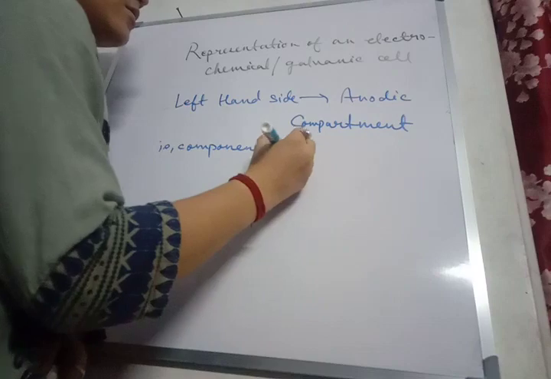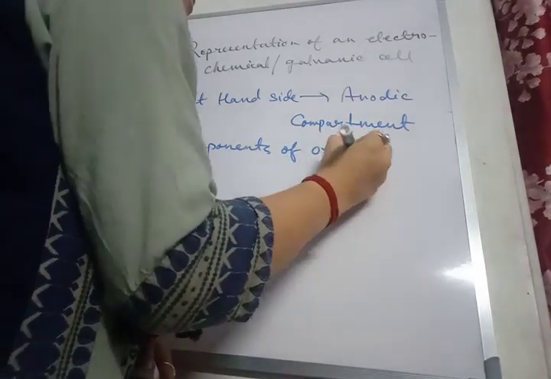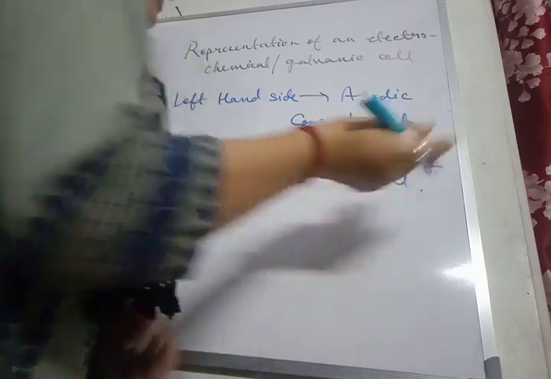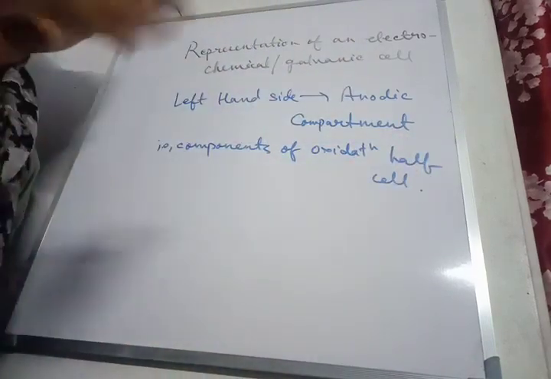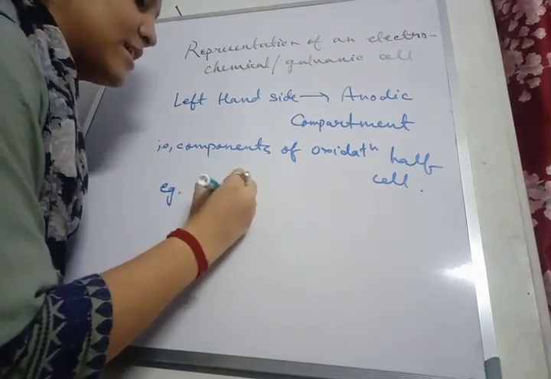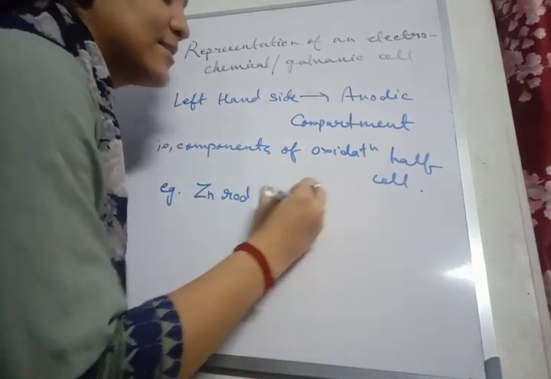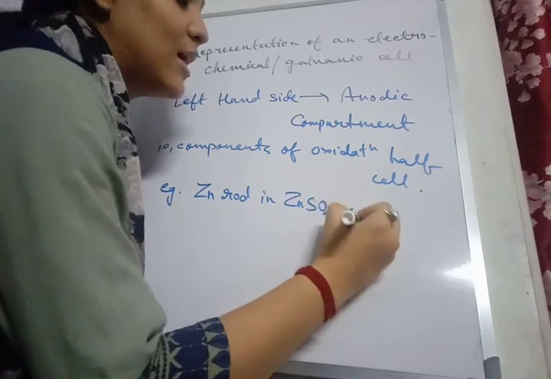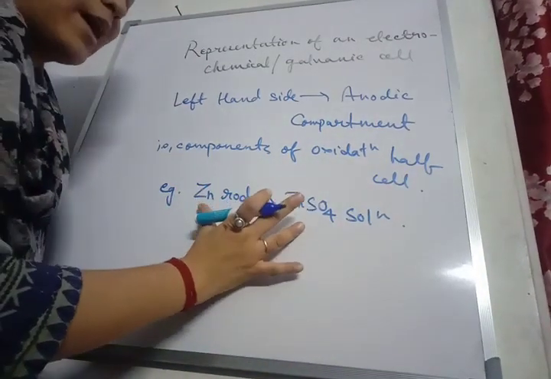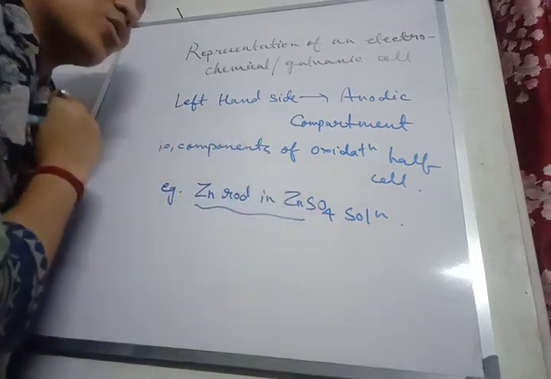That is, if you refer to the previous example that we did in the last class, zinc rod in zinc sulfate solution was my oxidation half cell, if you remember that. These two represent the oxidation half cell.